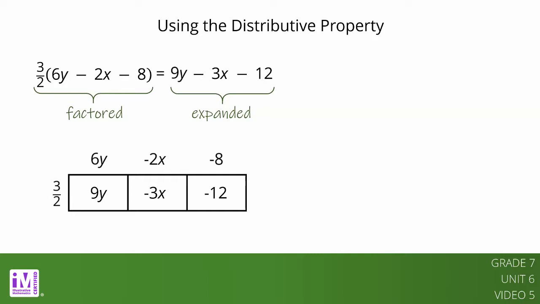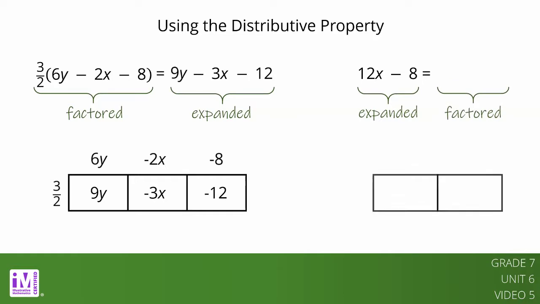We can also use the distributive property in the other direction to factor an expression. The terms of the product go inside the rectangles. We look at the expressions and think about a factor they have in common. 12x and -8 each have a factor of 4.